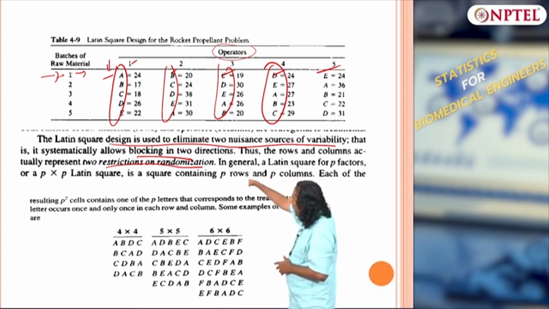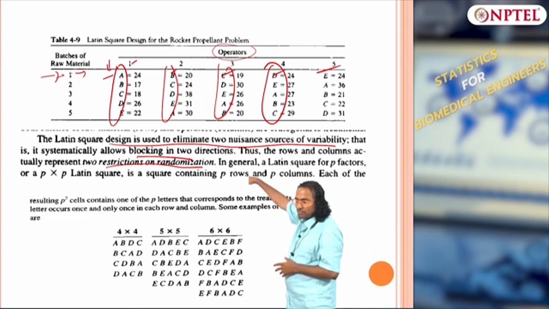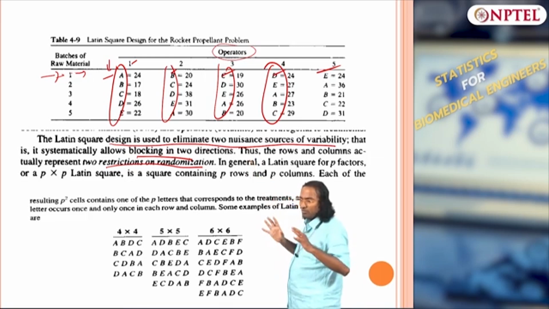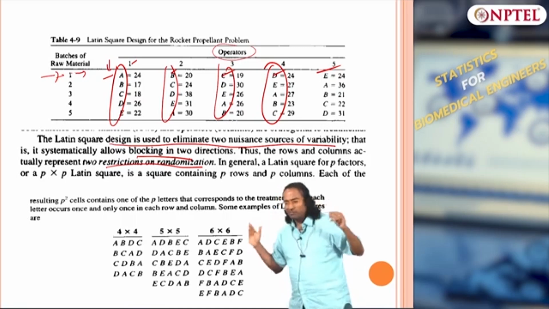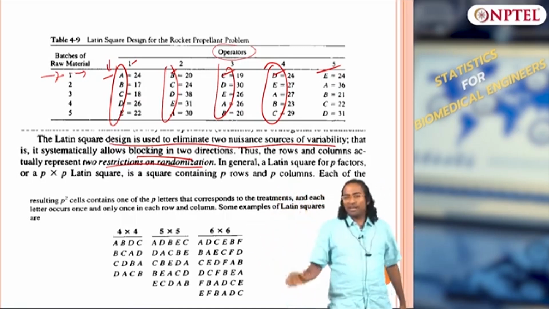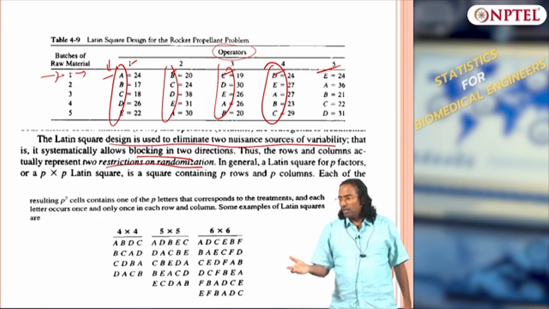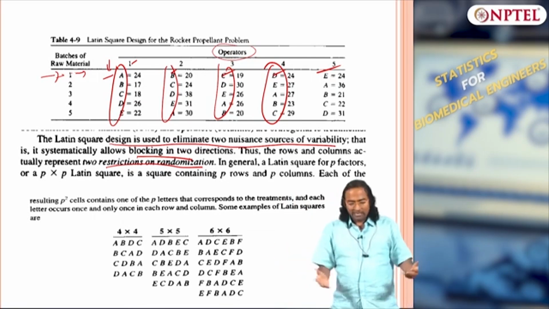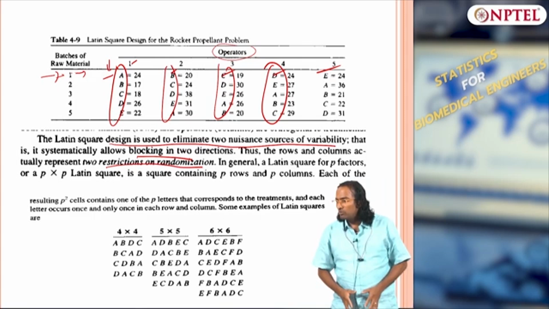See, each column here represents different operators working with the material. I am not saying age groups, operators, okay. As I told you with the tailor example, if you want to see whether this machine is doing good or not, what should you do?